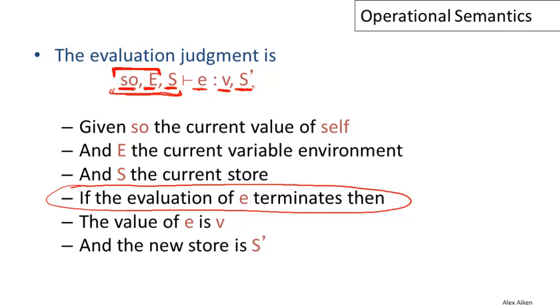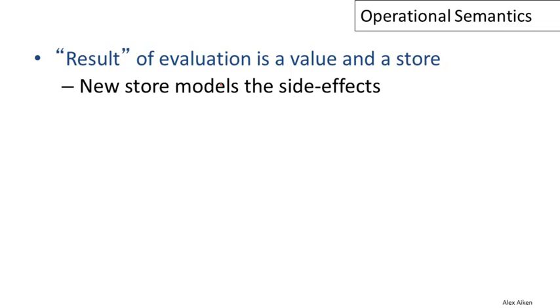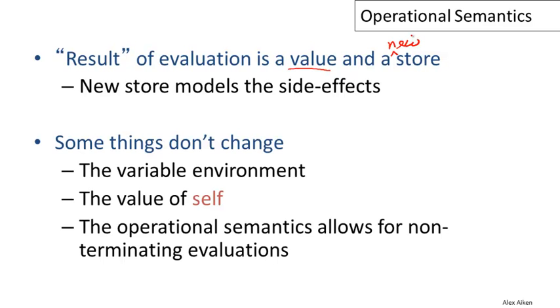So this kind of judgment should always be read as saying that if E terminates, then E produces a value V and a new store S prime. To summarize, the result of evaluation is a value and a new store, where the new store models the side effects of the expression.